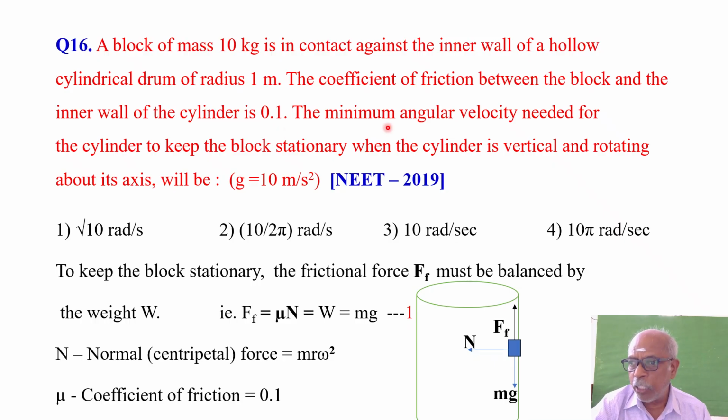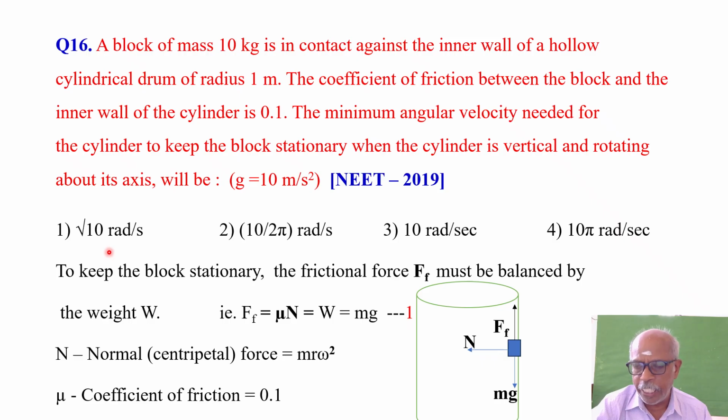The minimum angular velocity needed for the cylinder to keep the block stationary, when the cylinder is vertical and rotating about its axis, will be how much?